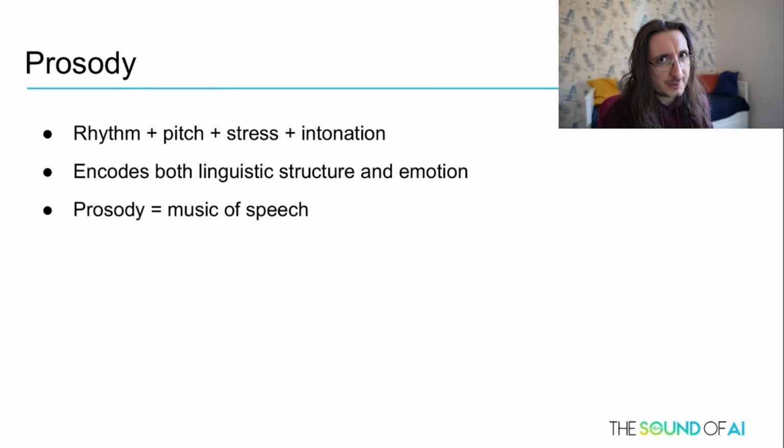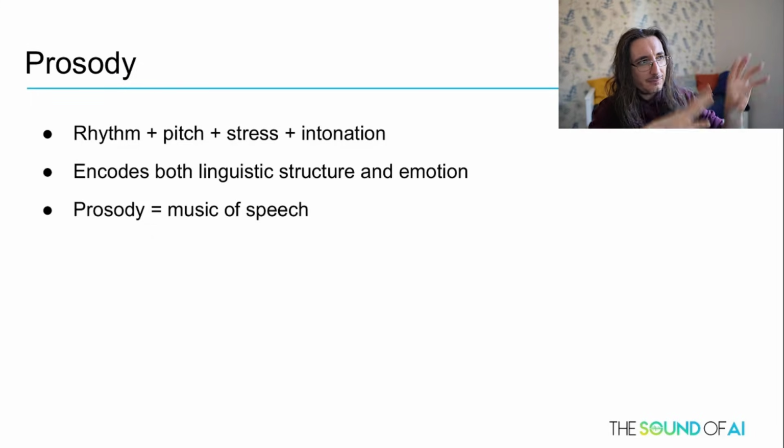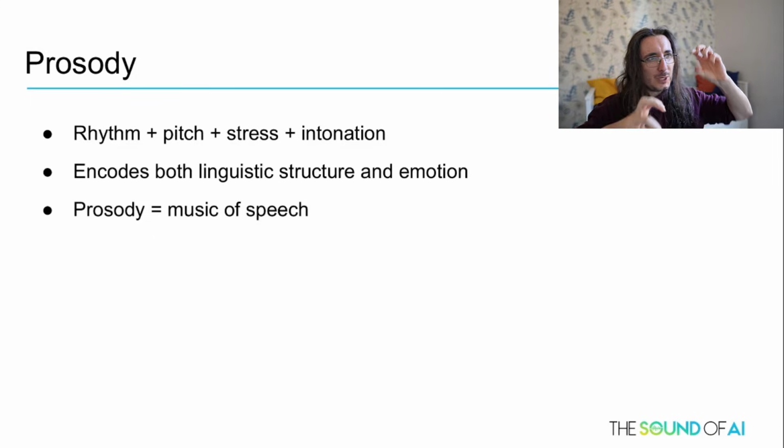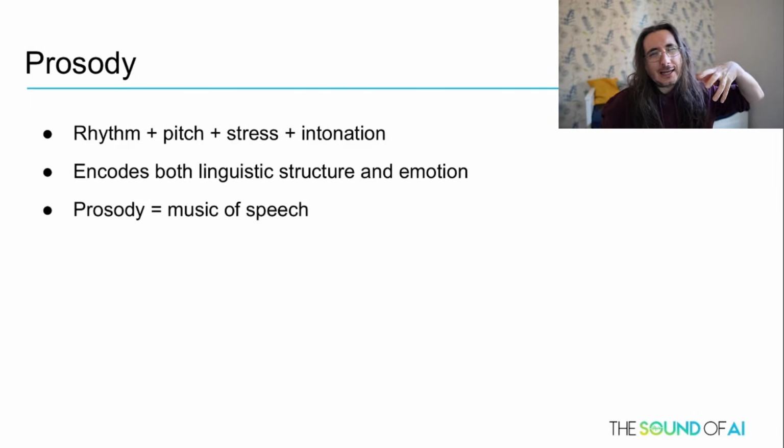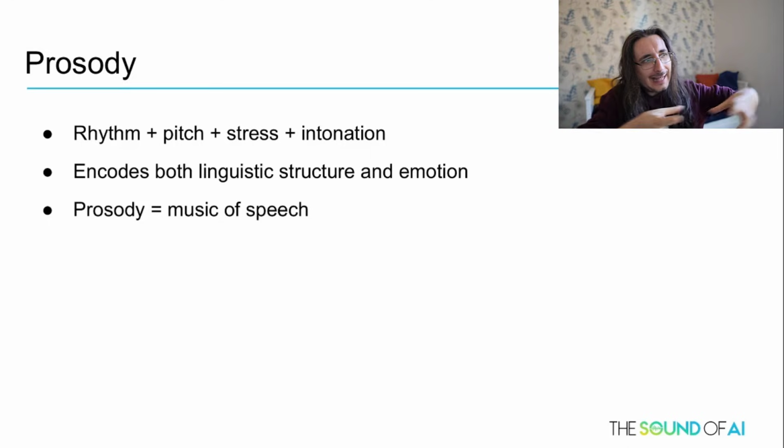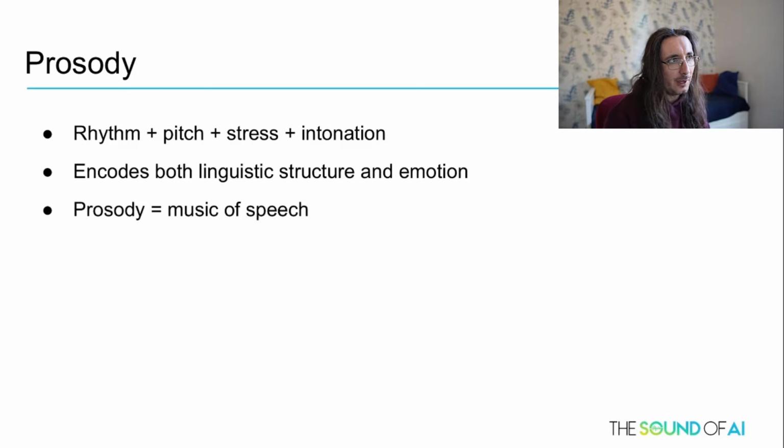What is prosody? Well, it's almost impossible to define perfectly, because it has all of these things like rhythm, duration, stress, intonation, accent. All of these aspects have to do with how we speak, and most of the time are not easy to quantify.